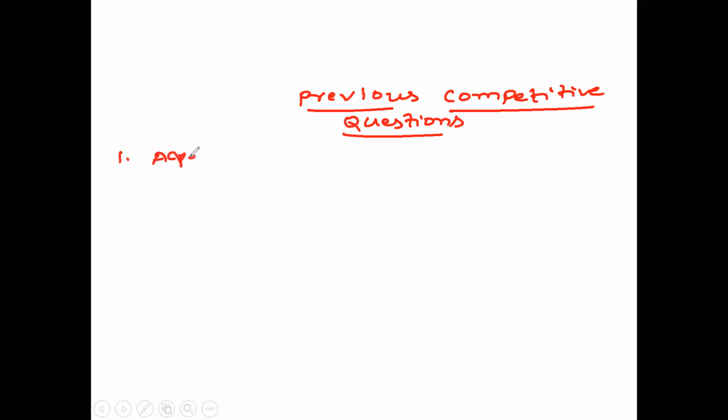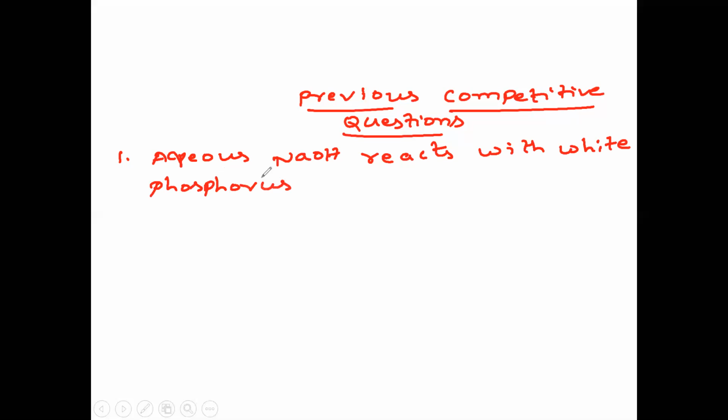Aqueous NaOH, that is aqueous sodium hydroxide, reacts with white phosphorus to form phosphine and what other product? They're asking this in the examination. Try this neat question.